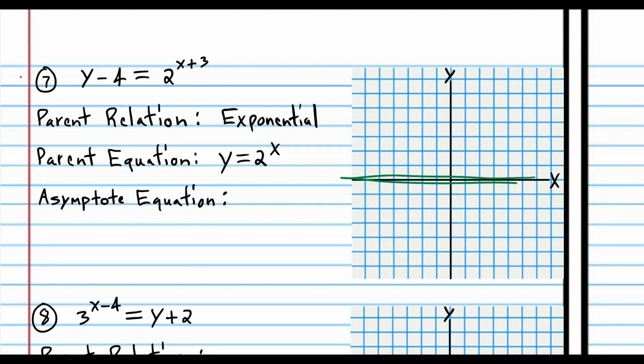We have a dotted line through here, and then we have the graph that looks something like this, but we're going to move up 4 units and to the left 3 units. So we're going to start at the origin using the same method that we did before, and we're going to move to the left 1, 2, 3, and up 1, 2, 3, 4.